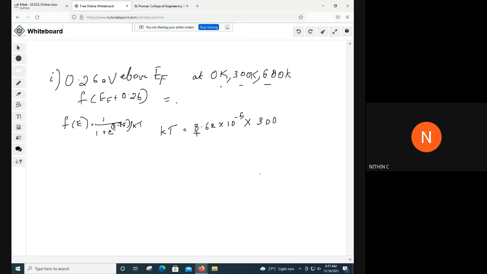This is the value of k, that is a constant, the Boltzmann constant. And this is your temperature, T. What is this value? 8.62 into 10 raised to minus 5 into 300.